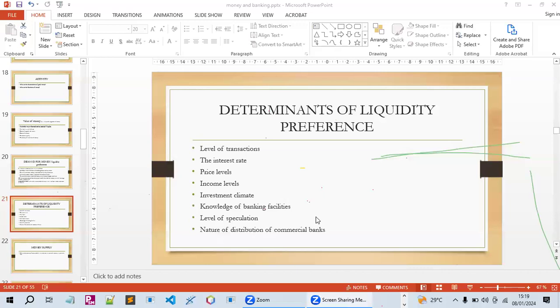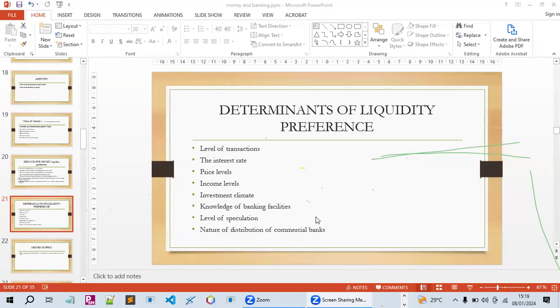Okay, the next point is knowledge of banking facilities. If there is a high awareness of the banking facilities, it will lead to low demand for money because people keep their money in the banks. They do not stay with the money because they know about the banking facilities, they know about the investment, they know about the security, the interest rate offered by the banks.